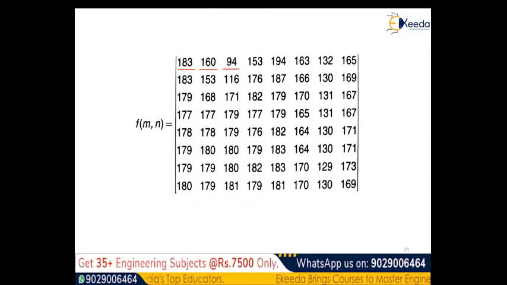Instead of 94 we have the value 119. Instead of 153 we have obtained 148, if you check back the previous slide. Instead of 197 we have obtained 100 and instead of 194 we have obtained 197. Instead of 163 we have obtained 171. Instead of 132 we have obtained 120, and instead of 165 we have obtained 170.